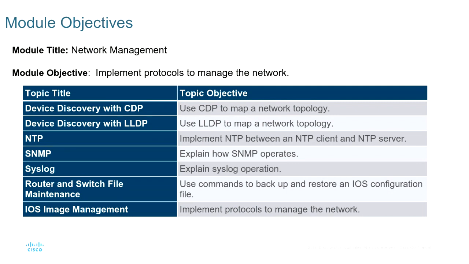So it's useful to have on within the corporation because we need it for the phones. We want to at least turn it off on that serial port or that Ethernet port that goes to our service provider so the bad guys don't use that to figure out what we're doing. Link Layer Discovery Protocol is similar to Cisco Discovery Protocol, except it's not proprietary to Cisco. It's an open source technology that gives us much the same type of information.